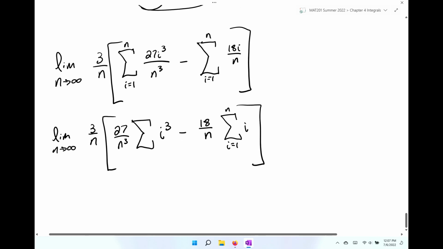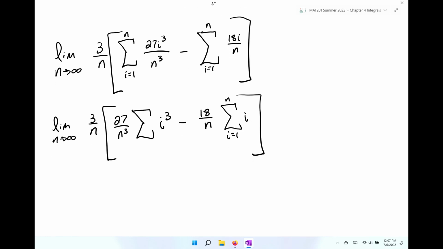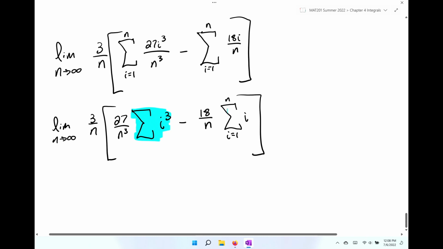And now hopefully you can see that what I've done algebraically is I simplify this down so I can start to see some of those Riemann sum formulas from above.